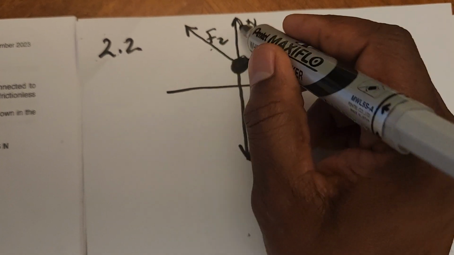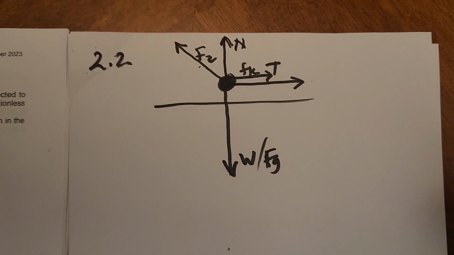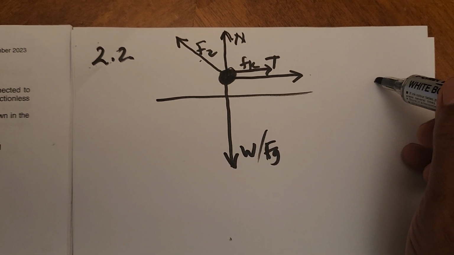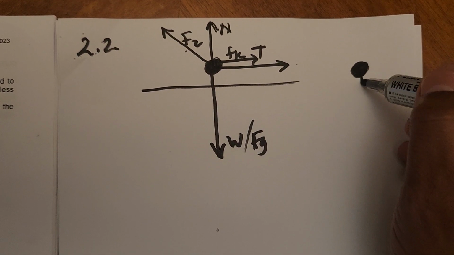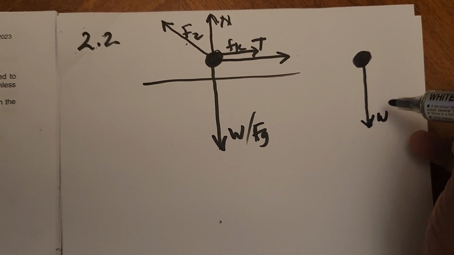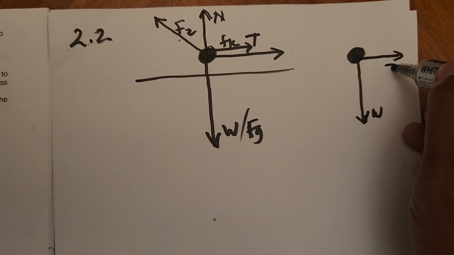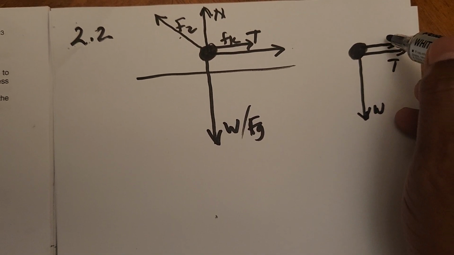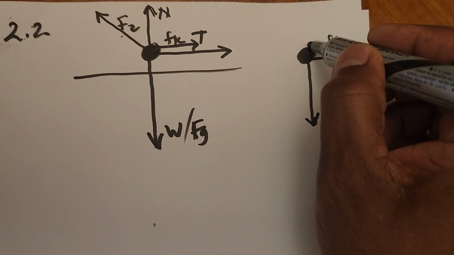Normal force, 1, 2, 3, 4, 5. It's 5. One learner can use an alternative way and say, no problem, there are many ways to kill a naughty cat. Then this can be the case. Weight, and then also have a tension, have friction, and then have the normal.